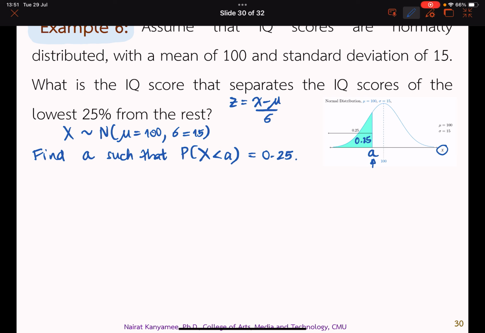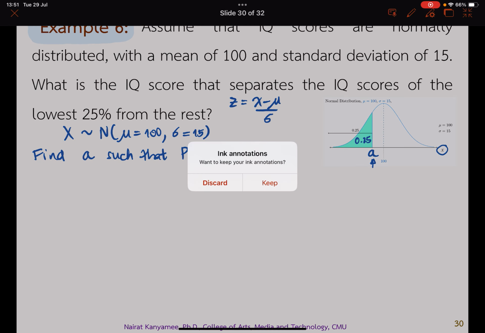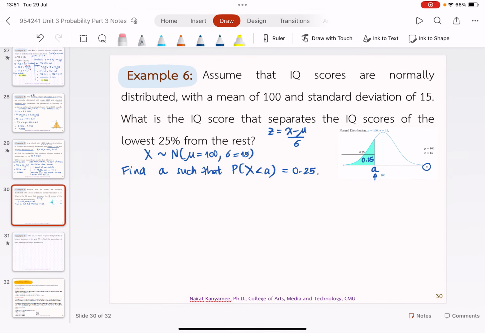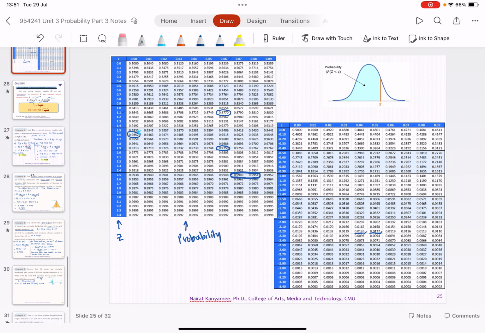Now, we need to change to z, right? It's going to be complicated here. From the table, let's look at the table. We might do something opposite. P of X less than a, go look in the table. We're looking for 0.25.